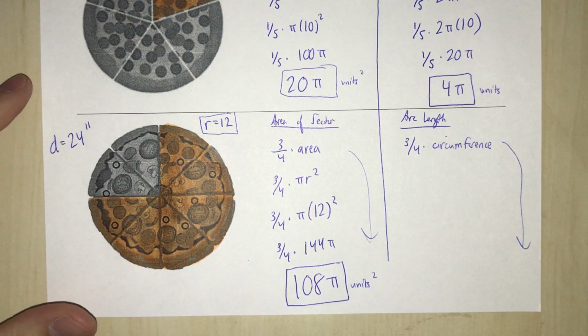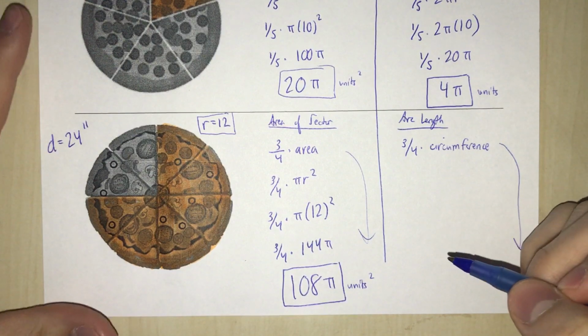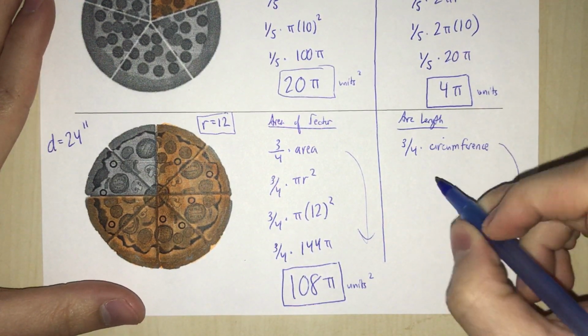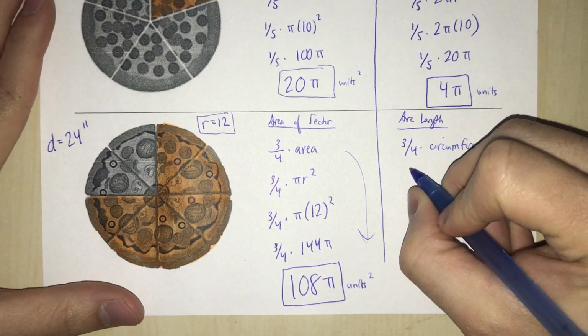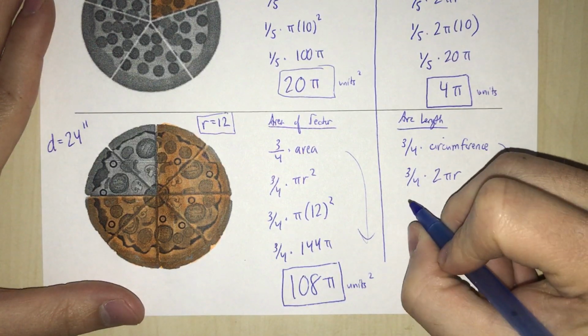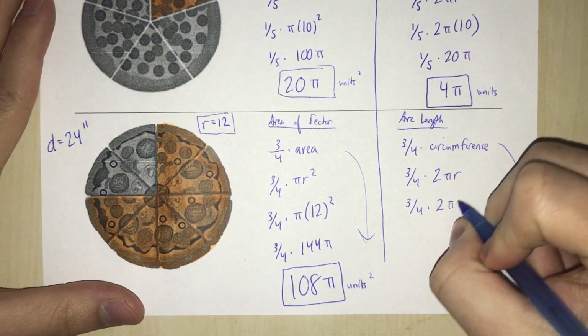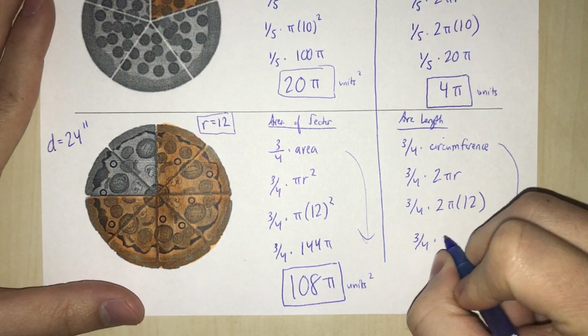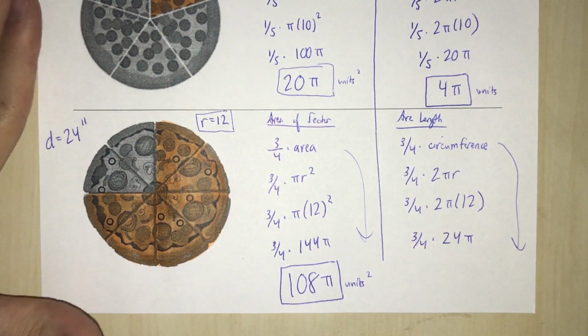So there's our area of sector. And then finally, for arc length, same idea. We want 3/4 of the circumference, which is 3/4 of 2 pi r, which is 3/4 of 2 pi times 12, which is 3/4 of 24 pi.